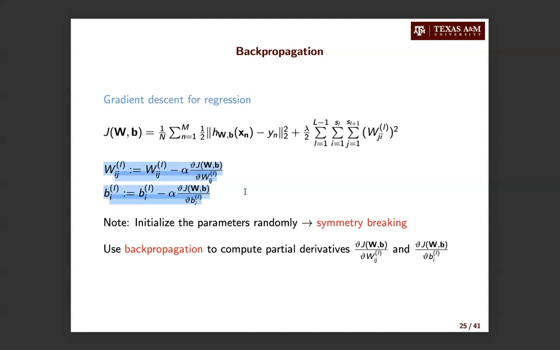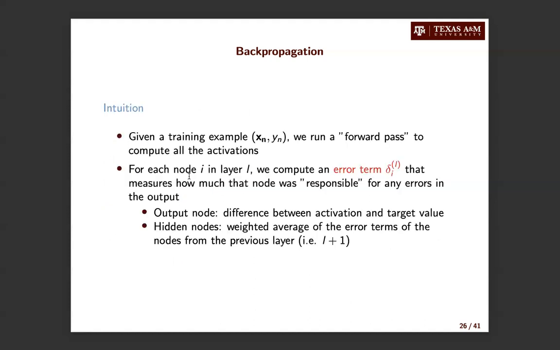However, the problem here is that each of these weights is not necessarily visible by the output of the algorithm, meaning these weights can be weights of the output layer or weights of each of the intermediate hidden layers of the network. For this reason, what backpropagation does is that for each node and each layer, it computes an error term.